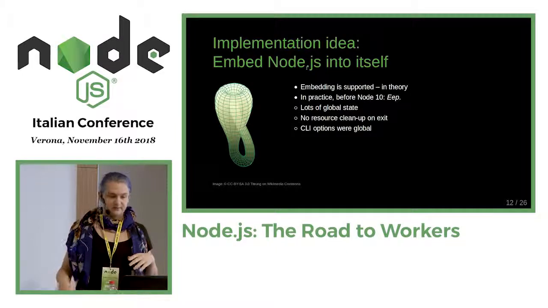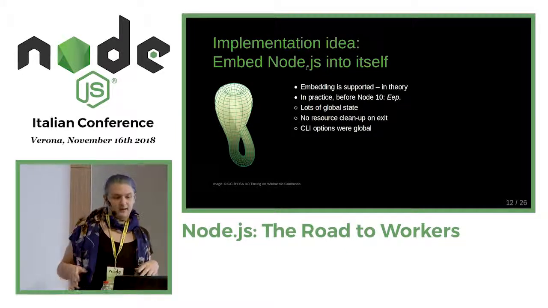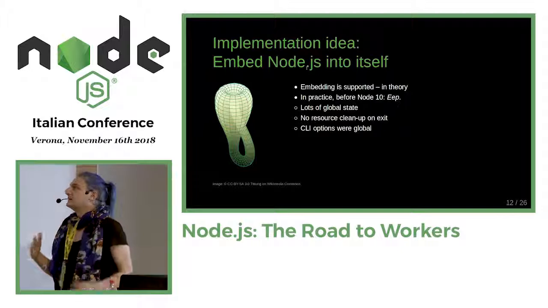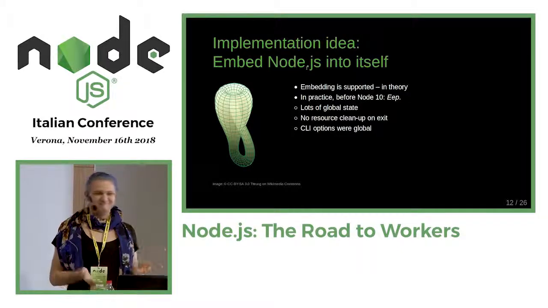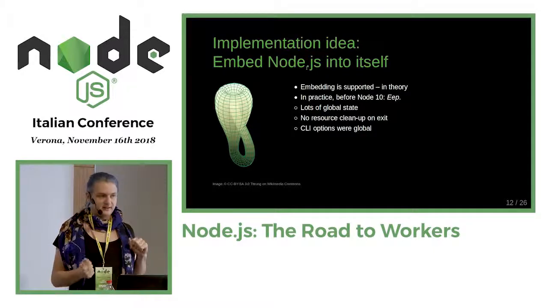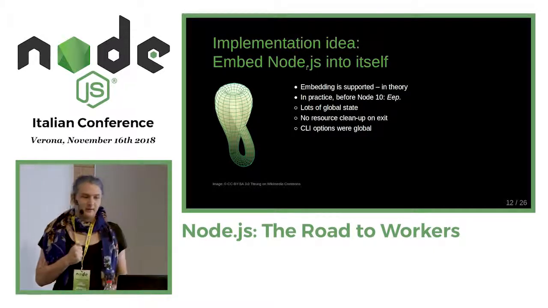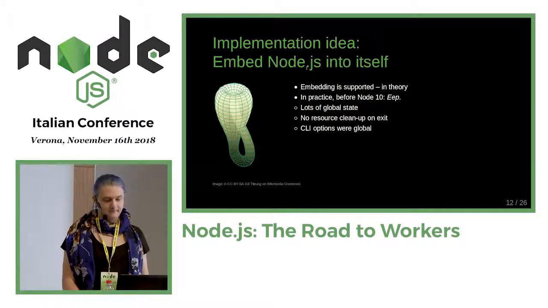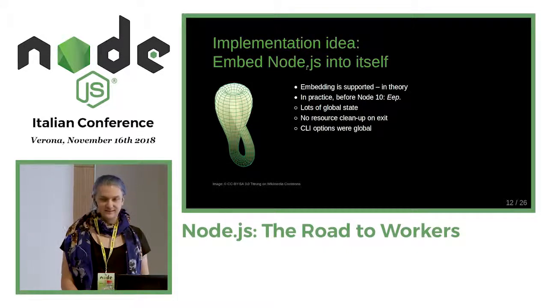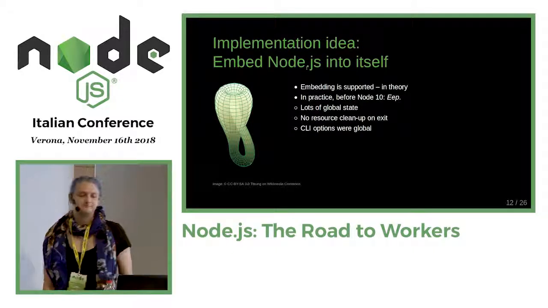In Electron's case, that's Chromium. But yeah, in theory, we support embedding. In practice, we're not that good at it, and a while ago it was even worse. It's definitely something we need help with, and we needed help with.